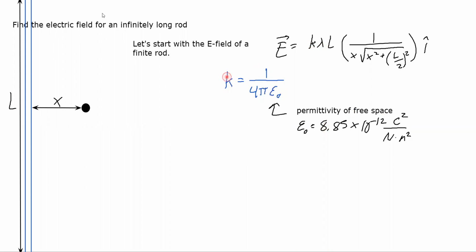So here's a different way of writing Coulomb's constant. Now I'm going to write this E not only with Coulomb's constant, but I'm going to change it algebraically. I'm going to factor out x squared from my square root, from here and from there.